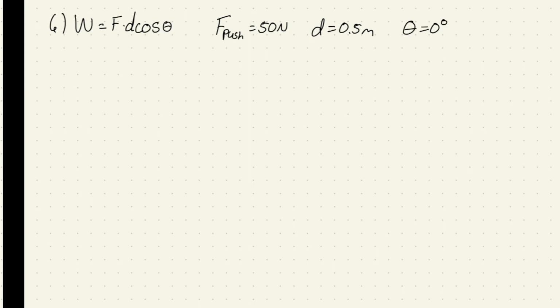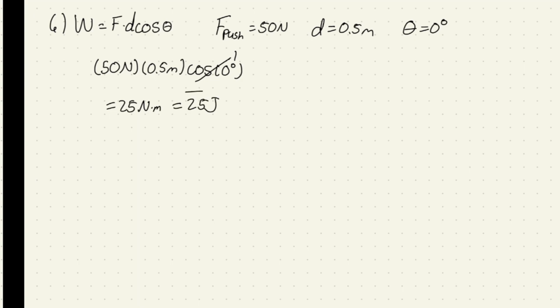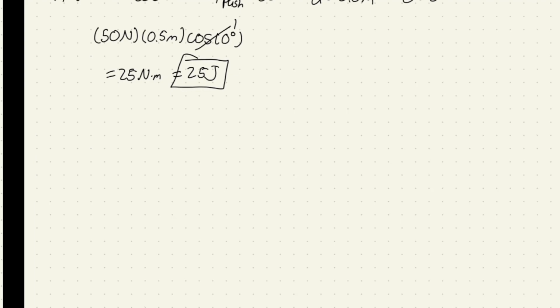If I wanted to calculate how much work this force will do, I would simply put in my force amount, 50 newtons, times my displacement amount, 0.5 meters, times cosine of theta, which is 0 degrees, because we know cosine of 0 degrees becomes 1. And so we just get 50 times 0.5, which is 25 newton-meters, or 25 joules, and that would be our answer, 25 joules.